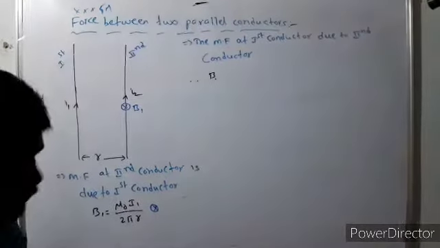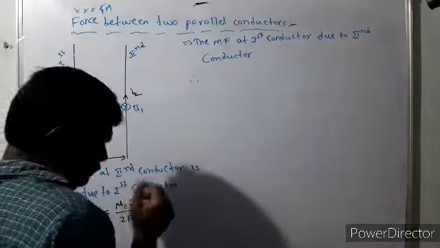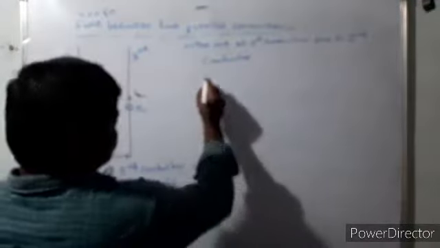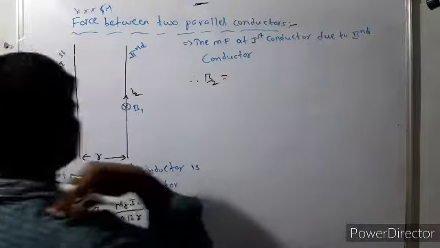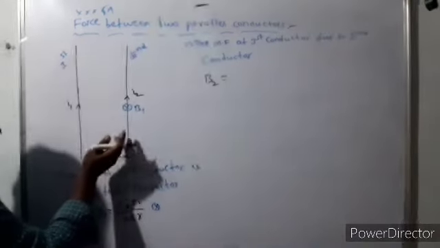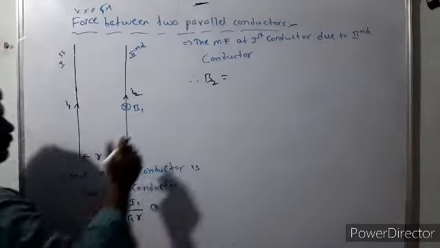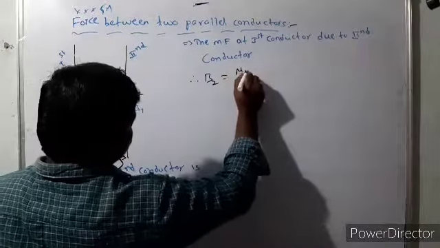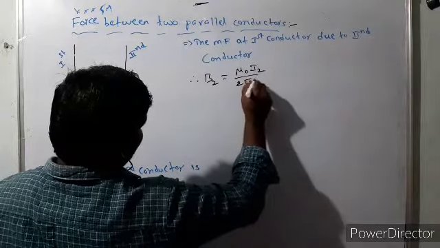B2 is the magnetic field produced by the second conductor. B2 is the magnetic field at a distance r from the second conductor. The formula is B2 equals mu naught I2 divided by 2 pi r.